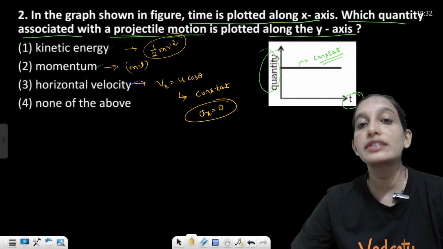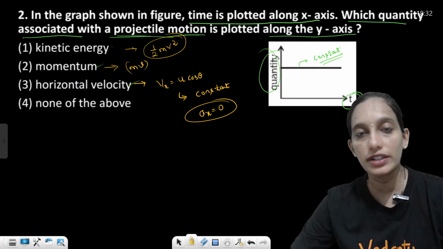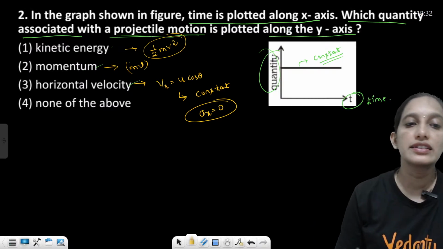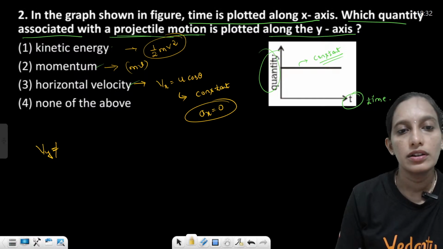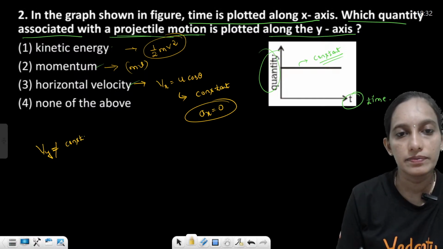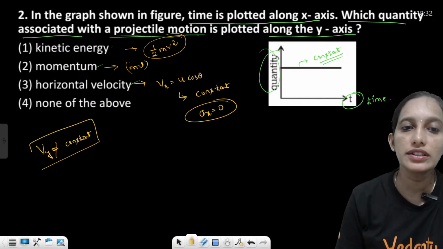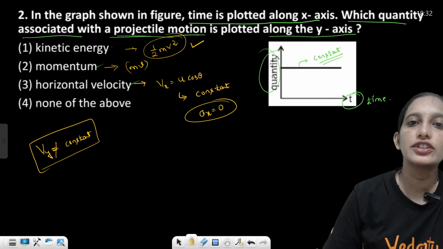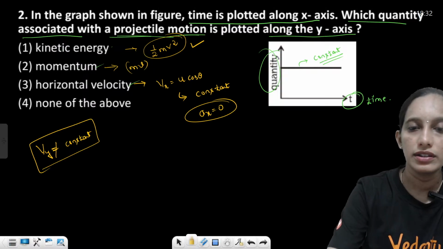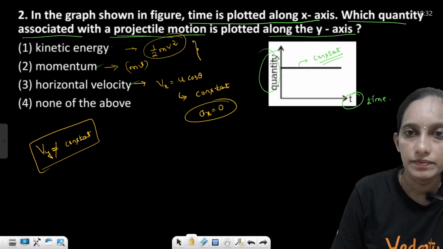So velocity along x-axis remain constant, but velocity along y-axis constant alla. So this is not equal to constant. Andre total velocity change agutte, kinetic energy nu change agutte, momentum change agutte. So ideradu change agutte, changes with time.